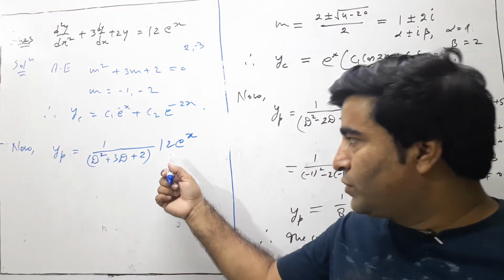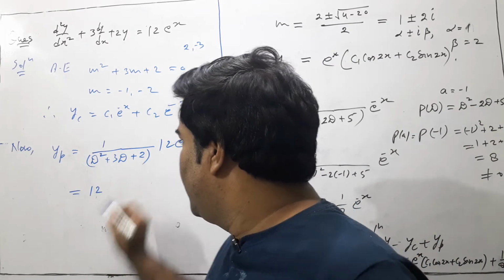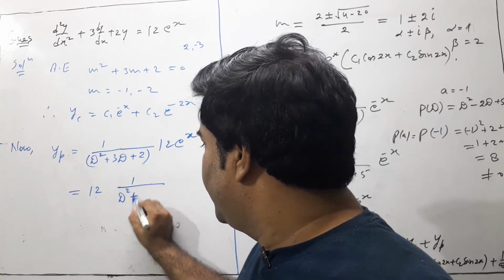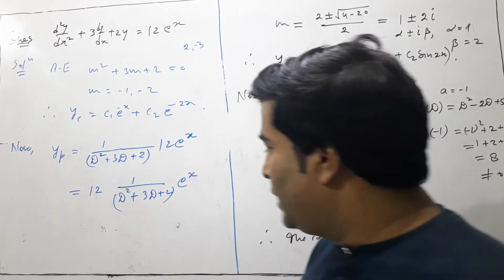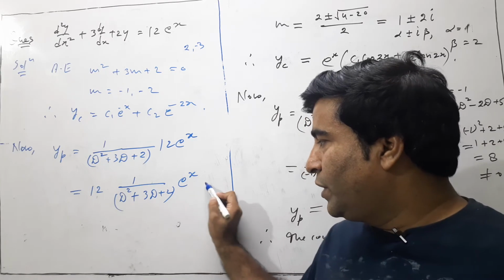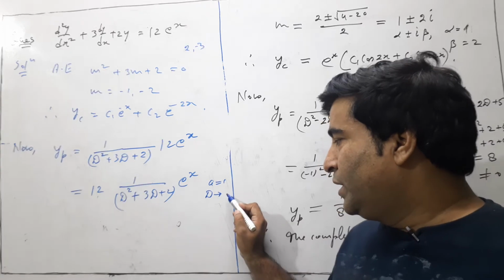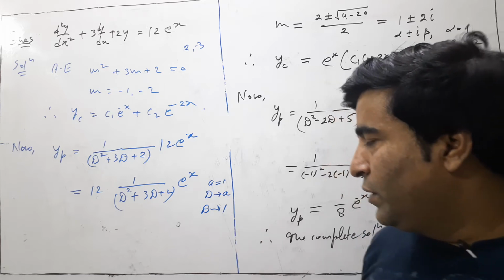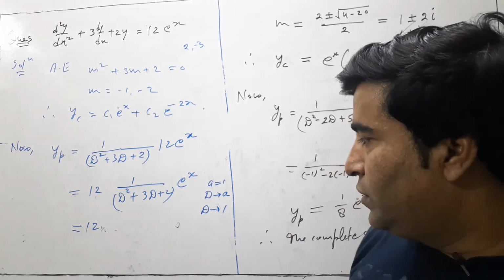Here 12 is a constant, so we can take it outside. We have 1 over (D² + 3D + 2) e^x. Here a is 1, and we replace D by 1 and check whether it is 0 or not.